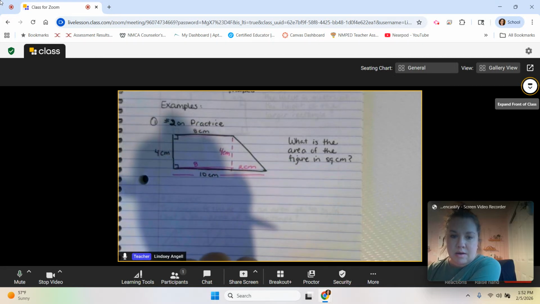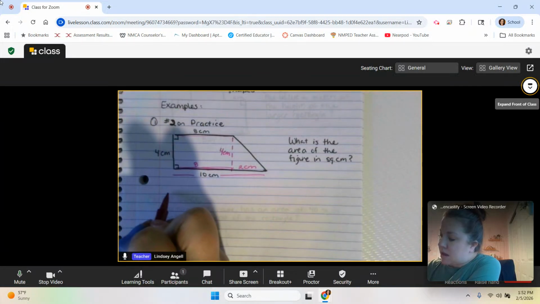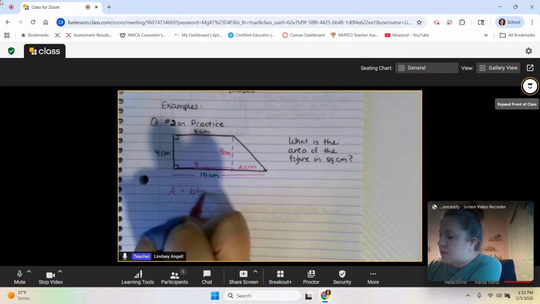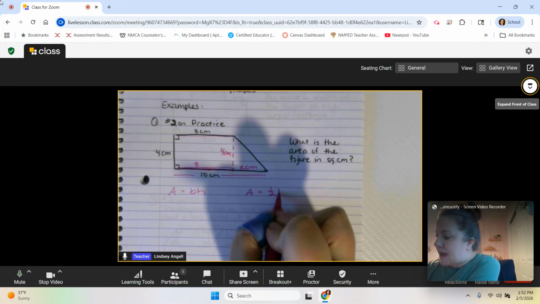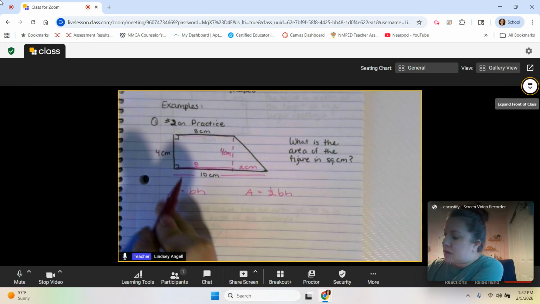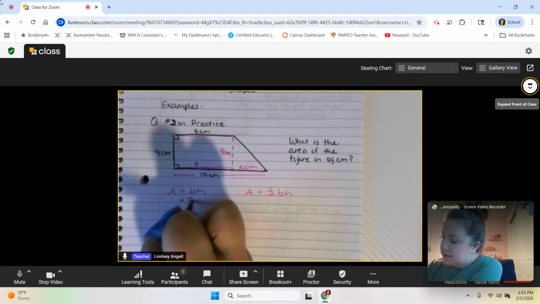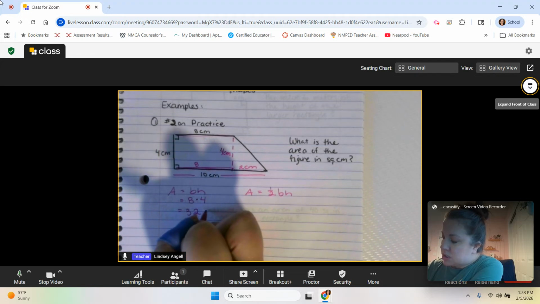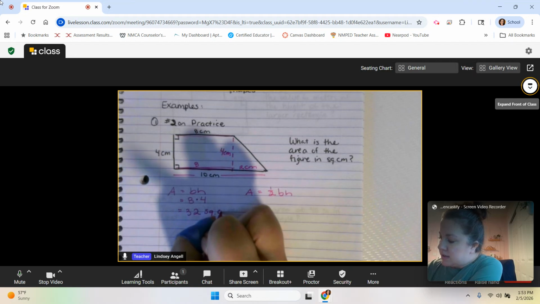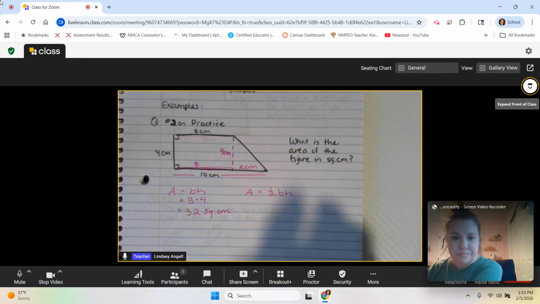So what is the area of the whole shape? Well, first we can find the area of the rectangle by doing base times height. The area of the triangle is 1/2 base times height. So with the rectangle, it's an 8 by 4. That gives us 32 square centimeters. Not too bad, right?